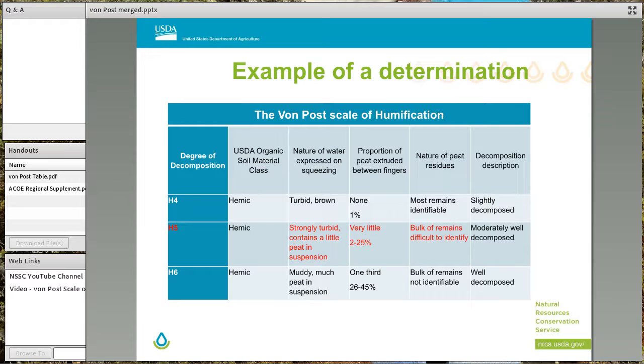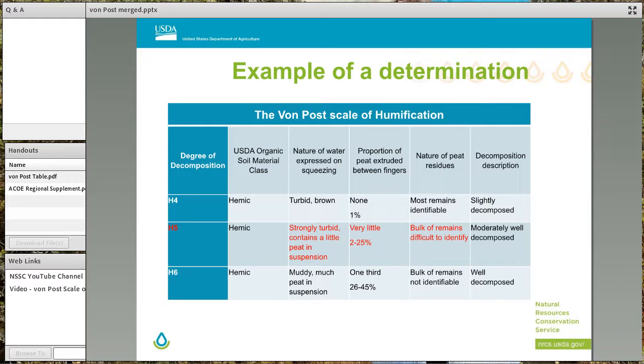And with the remaining sample being about 45% fibers, thus a bulk of the remains were difficult to identify. Again, correlates to the definition in column 5 of the scale on the H5 line. All the assessments lead us to a line of H5 on the von Post scale of humification.